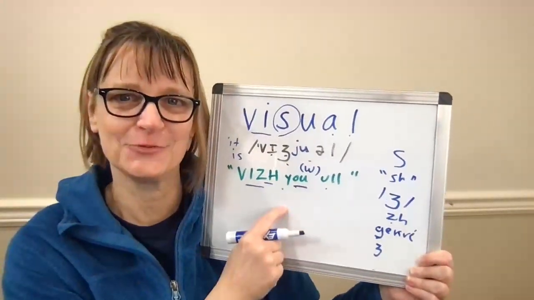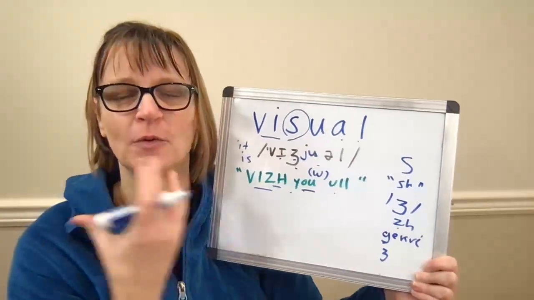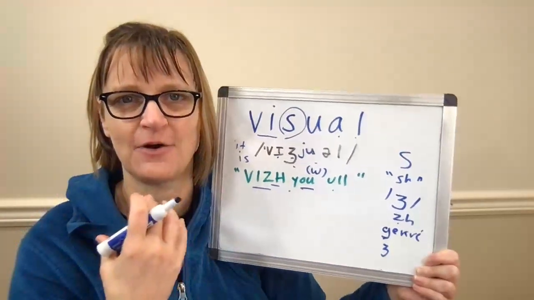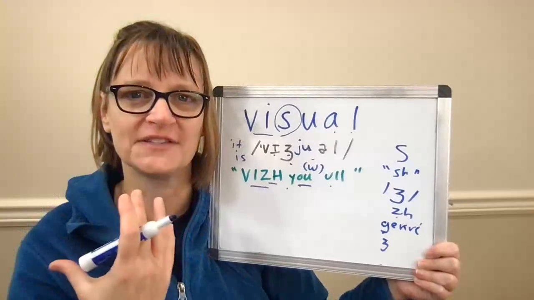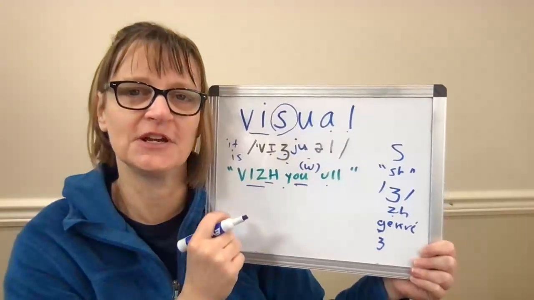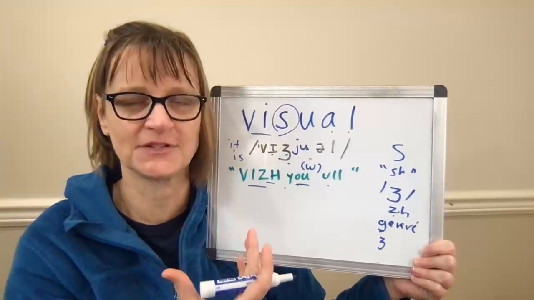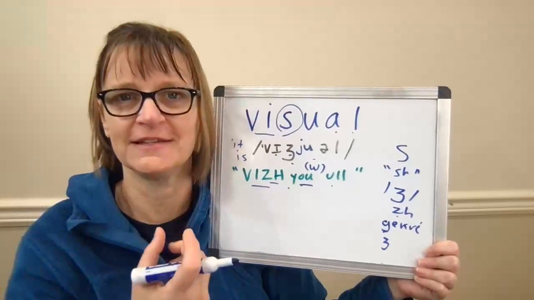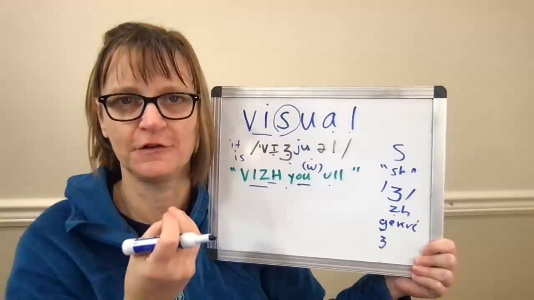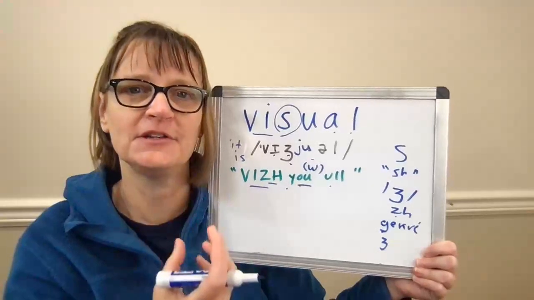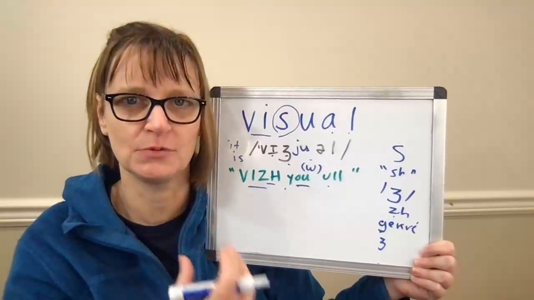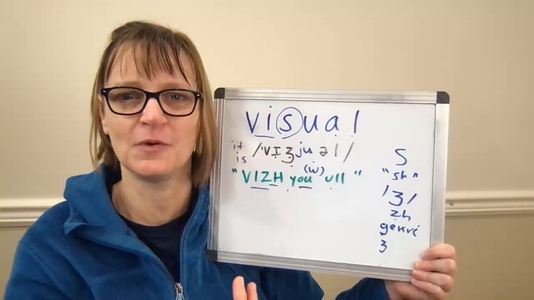That's simply because we use vowel to vowel linking here, where we're moving from a rounded to unrounded vowel. We end up with a little bit of a w sound. You won't see it in the dictionary in the IPA, and you don't need to pronounce it intensely, not you wool. You don't have to fully close the lips and release them, but just naturally link those two, visual, and you'll hear a little bit of a w sound.